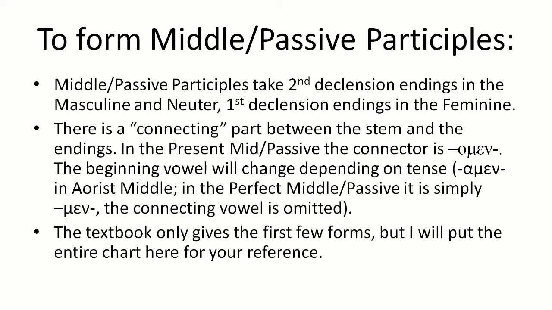It doesn't even label them. On page 148, though, you have first present, middle, passive. He has columns there, masculine, feminine, neuter, and then the nominative and genitive singular. I've decided, let's just make it really clear. I've put the entire chart here for your reference.